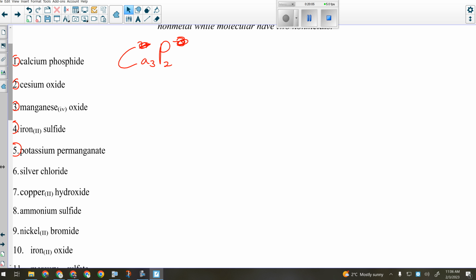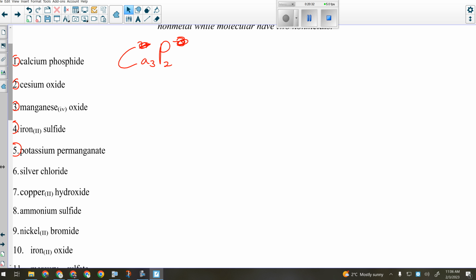So being able to do this, and for mole equation calculations, which is the very end of the unit, if I don't get the formula right, I don't put in the right number of calcium masses, or the right number of phosphorus masses, I get the question all wrong, okay? So this is one of your fundamental skills for chemistry, okay? It's like being able to dribble a basketball to be a basketball player, okay? It's that important. It's fundamental for what we do.